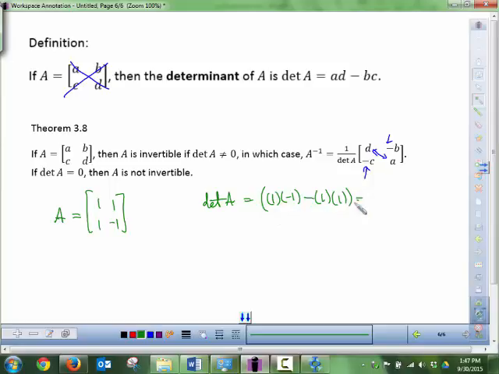This turns out to be negative 2. So that's your determinant.